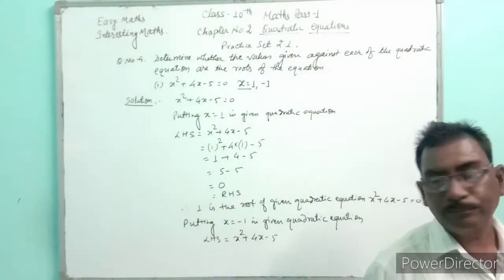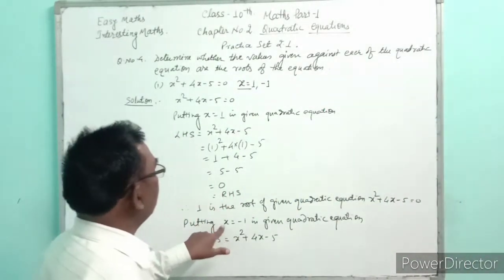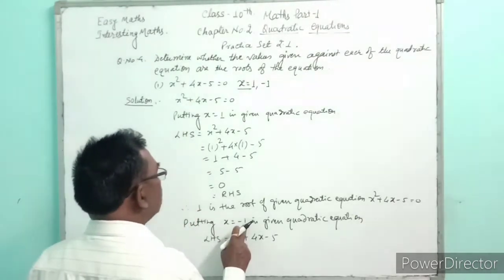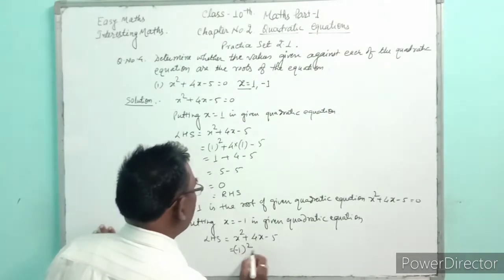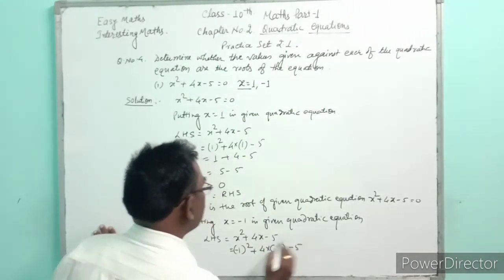Now we are putting x is equal to -1 because we are checking for the value x is equal to -1. So (-1) square plus 4 into -1 minus 5.